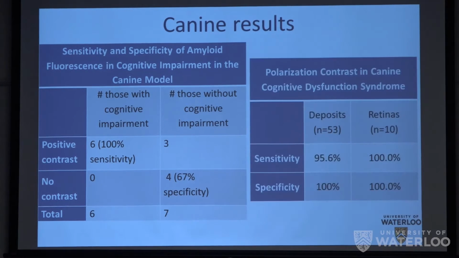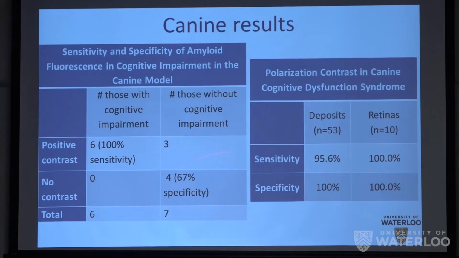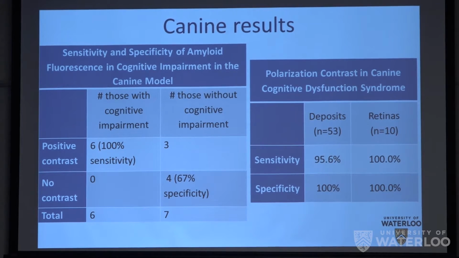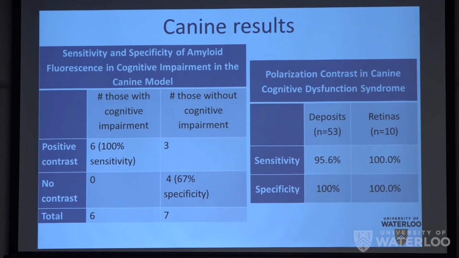Won't go through them in detail, but we get 100% sensitivity and 67% specificity for fluorescence. Again, this 67% means that we're seeing amyloid in the retinas before the dogs are diagnosed with cognitive impairment. But every dog diagnosed with cognitive impairment, in fact, had amyloid in the retina.